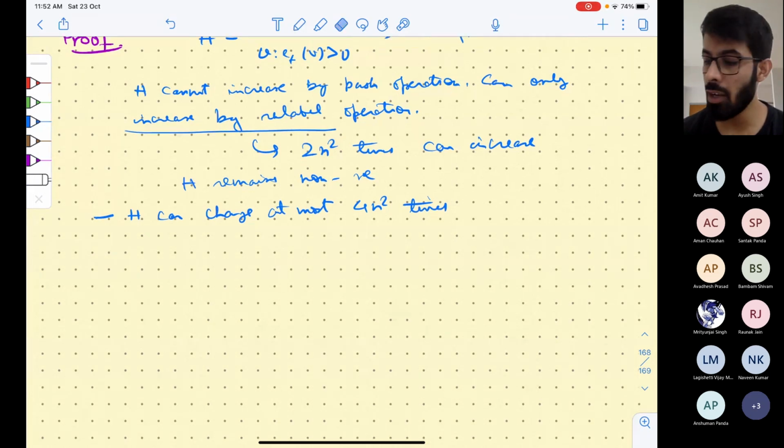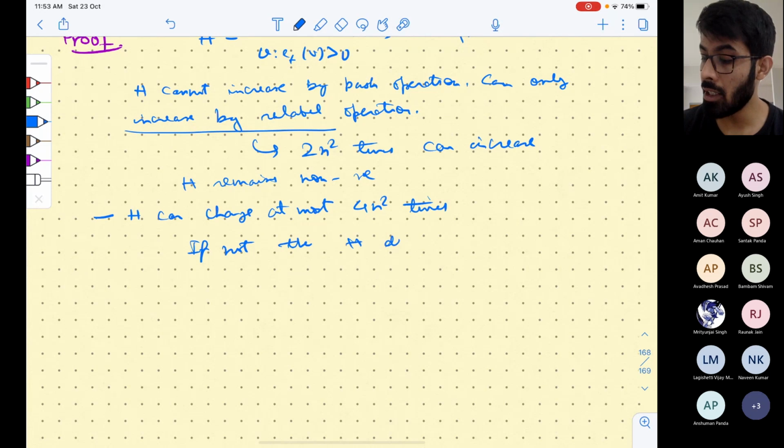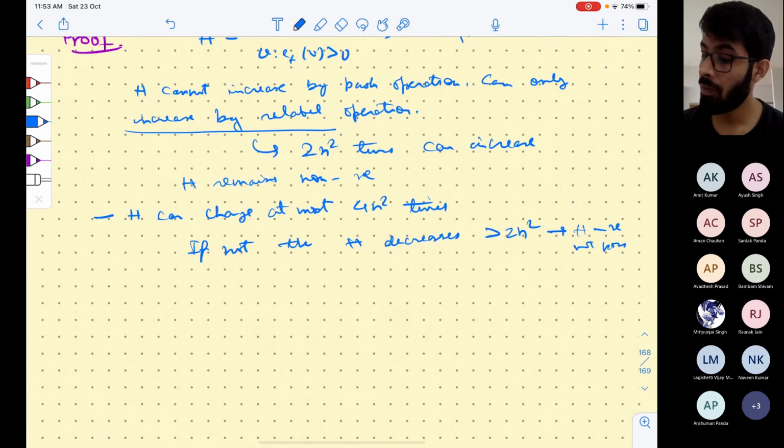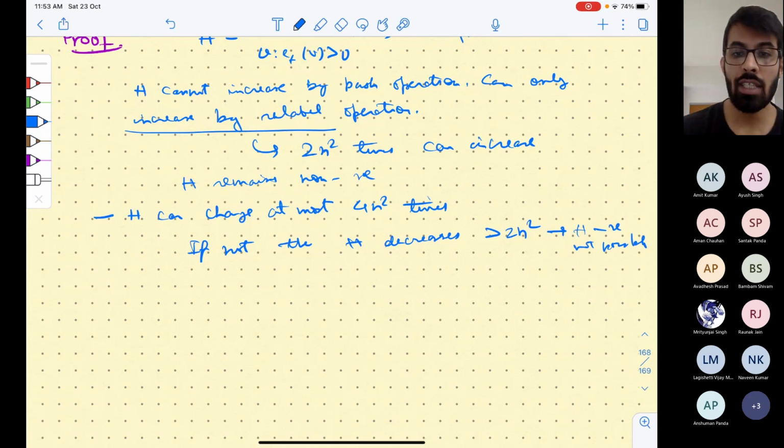So let's do this quickly. What I was saying is that h can change at most 4n square times, because if not, then h decreases greater than 2n square times, because h increases at most 2n square times, and which will make h negative, which is not possible. Right? So h changes at most 4n square times. Good.